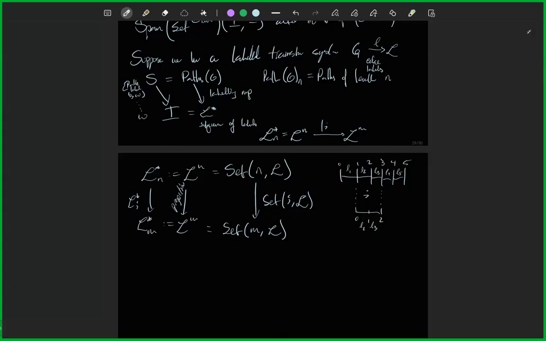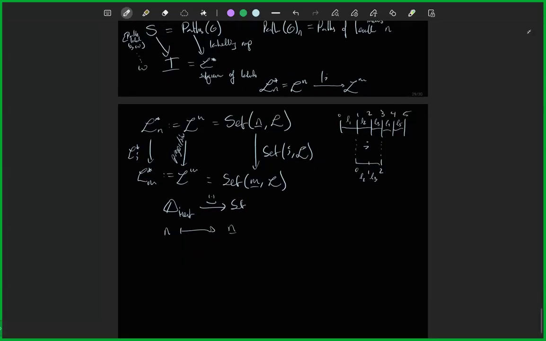Note that we could define a functor from delta inert to set, which maybe I'll put an underbar on just to have a name for this functor. Where we send n to n underbar, which is the set on that many things, and which sends every inclusion I to the inclusion here. What is this?